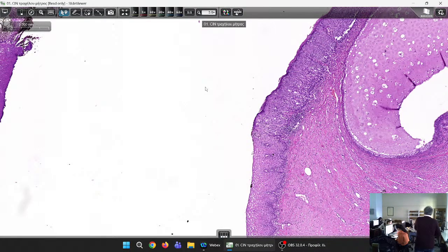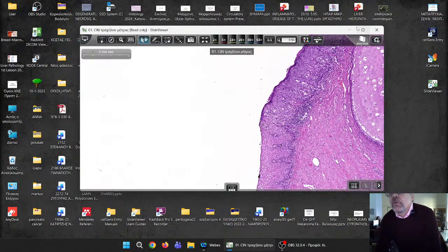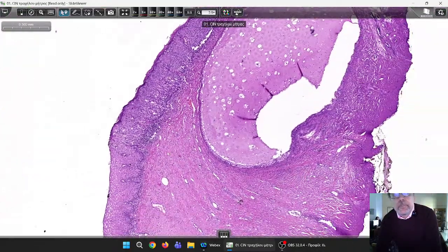We'll study the slides of the female genital tract system so that you can be ready for the end-term practical exam, the optional. Now, this is a biopsy from the cervix, and we have to evaluate the maturation of the squamous epithelium.